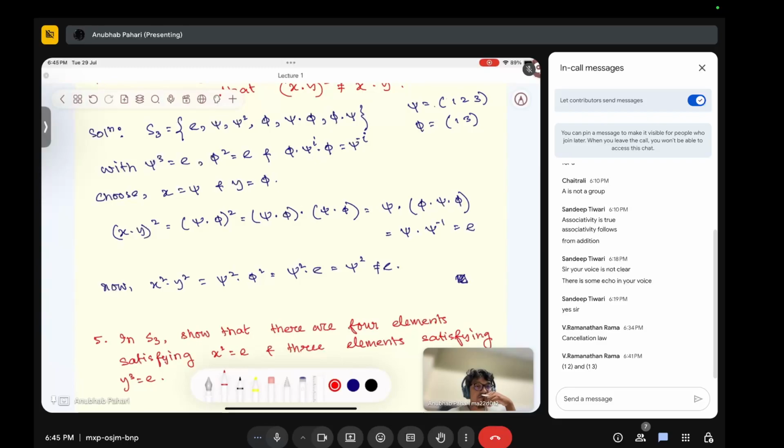Okay, Ramanathan, for (1 2) and (1 3), are you sure they would be true? Maybe I did not check, but seems like they are conjugate to each other, because you know that any two cycles of same length are conjugate to each other.